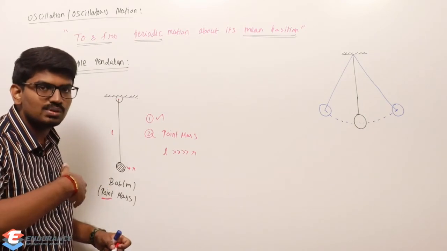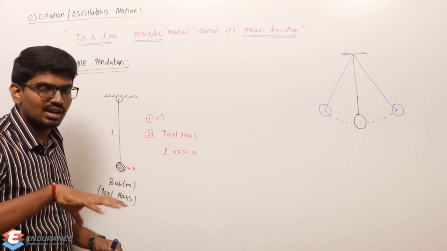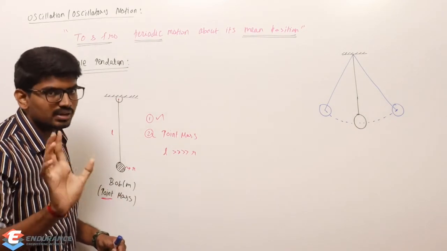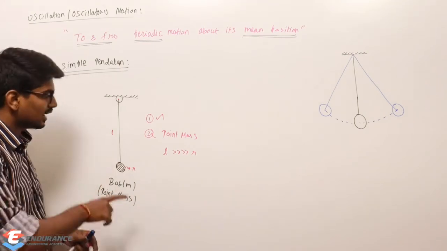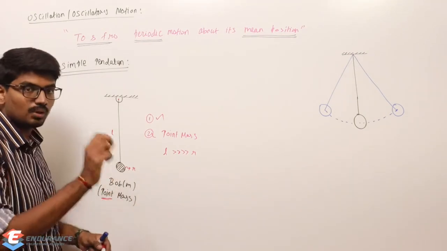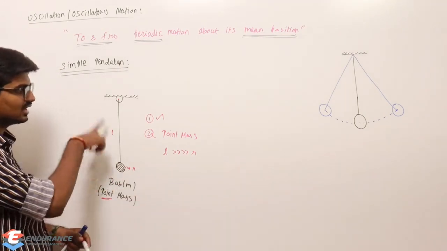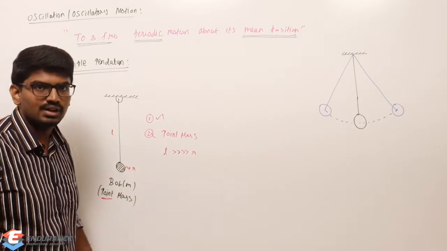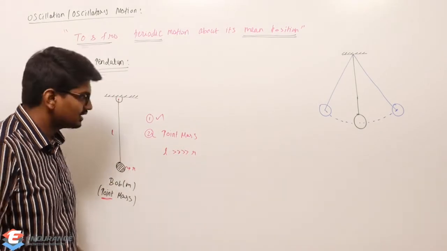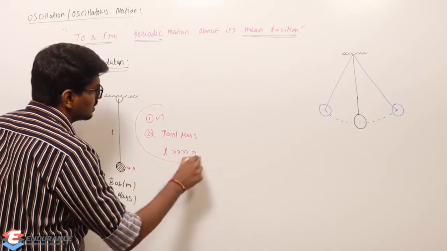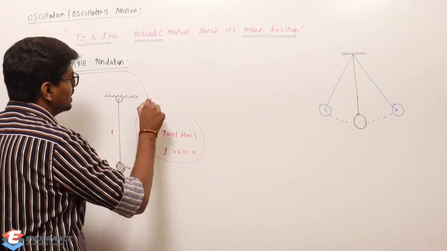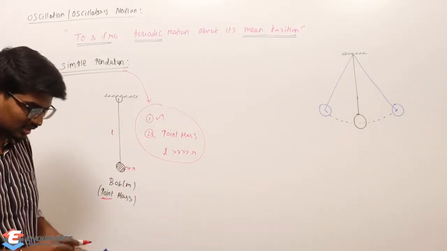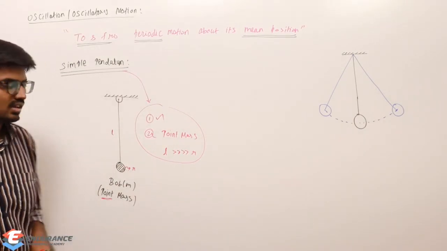Instead of considering it as continuous, a distributed mass, I can simply consider it as a point mass. So for treating this mass as a point mass, the length of the thread has to be much higher than the radius of the bob. These are the two conditions to make a pendulum simple.